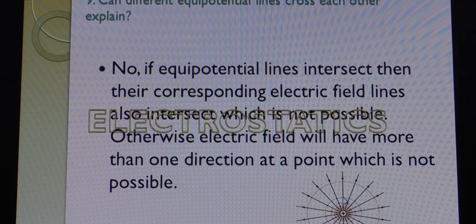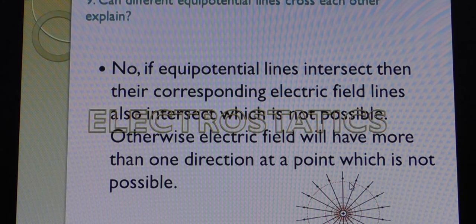It means at a single point there are two directions, because I told you in the second lecture that when you represent lines of force, the curved lines of force, at every point the direction of the field is represented by drawing the tangent.